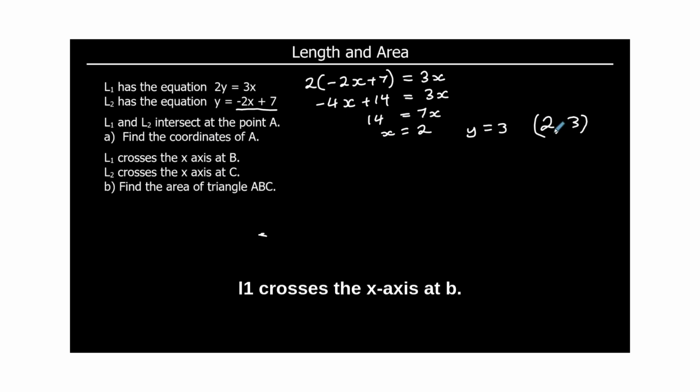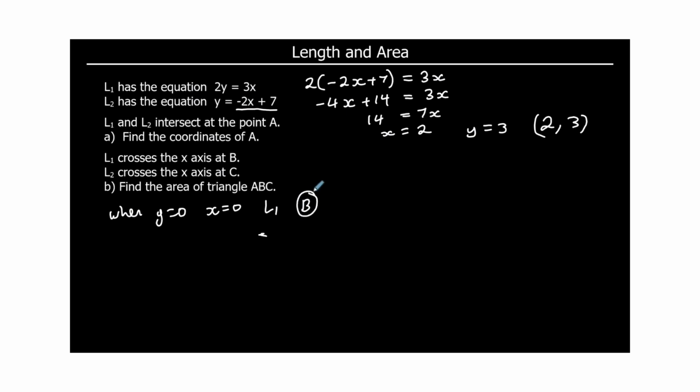L1 crosses the x-axis at B. So when y equals 0, or x equals 0 as well, 0 equals 3x for L1. So that is B. B is 0, 0.